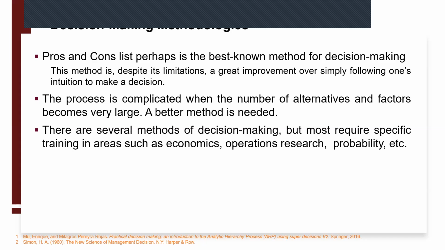I did not realize that one way of doing it is to count the pros and cons and cancel them out. Then again, the decision-making process is complicated when the number of alternatives and factors becomes very large, and a better method is needed.